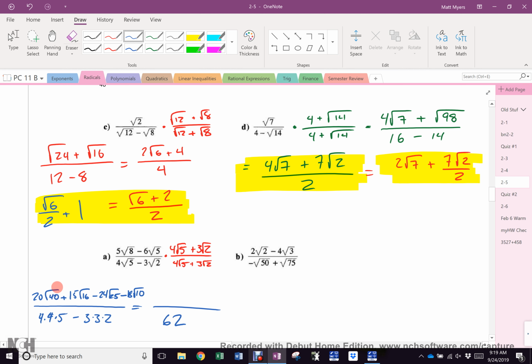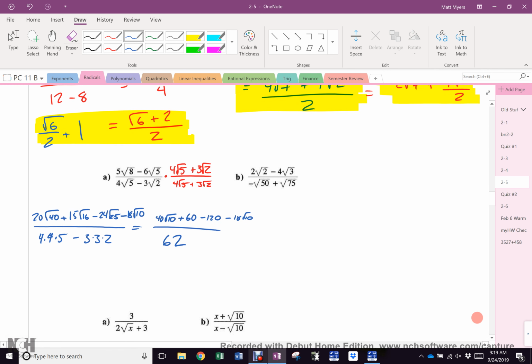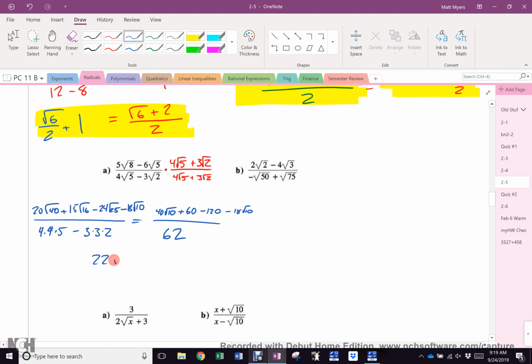That is 40 root 10 plus 60 minus 24 times 5 is 120 and minus 18 root 10. 40 minus 18 is 22 root 10. 60 minus 120 is negative 60, and I'm all over 62. What goes into 22, 62, and 60? 2. 11 root 10 minus 30 over 31.